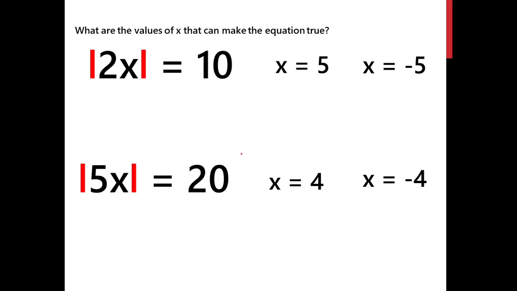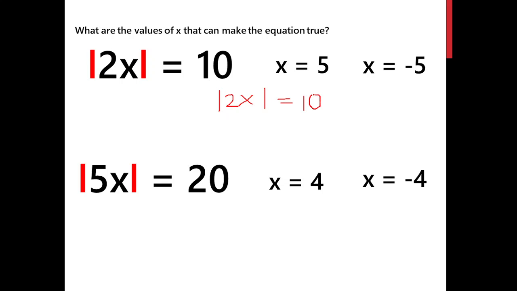Now, there are some ways to solve this one, but I'll be teaching you the method that I use because I'm used to the shortcut way. Okay. Now, to solve this one using algebra, what I do is I just write the equation here: absolute value of 2x equals 10.